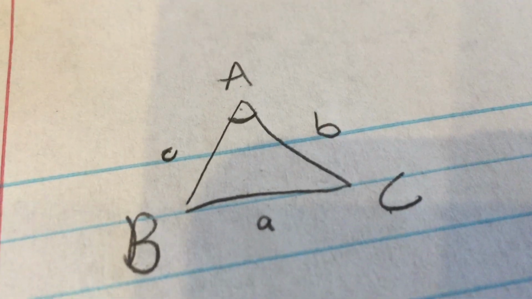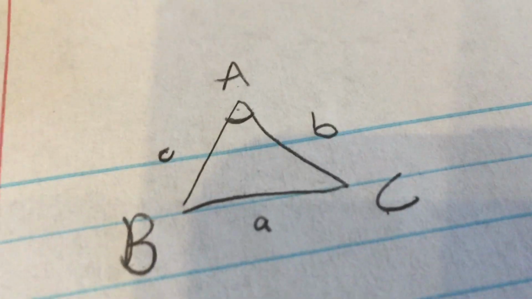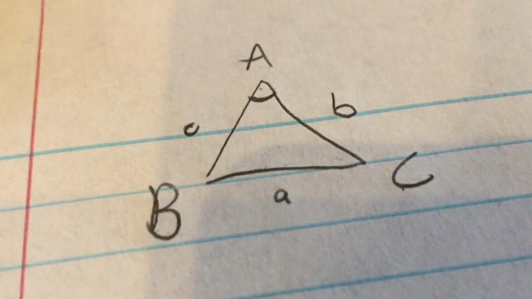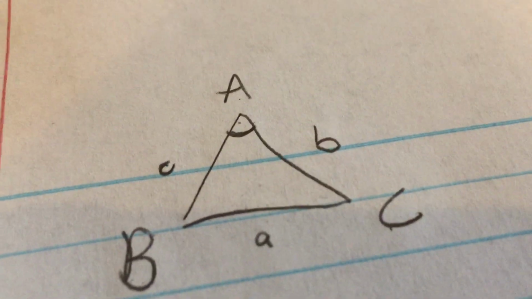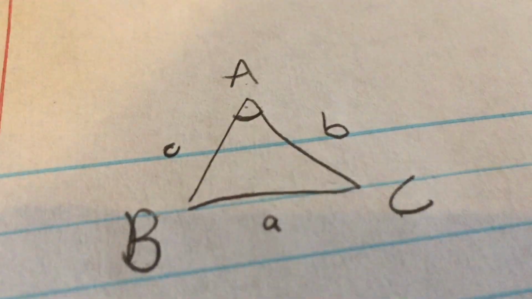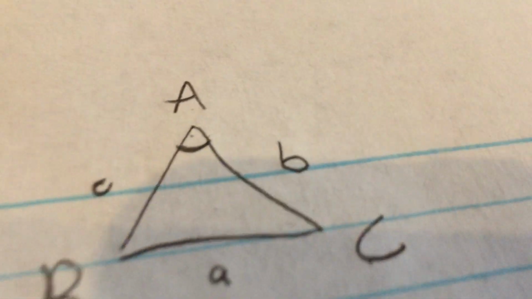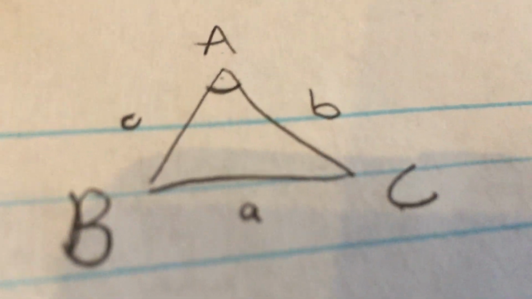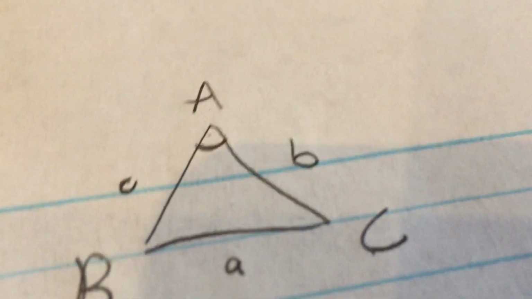Usually with these problems, you would get at least 3 measures, and you know to use the law of sines versus the law of cosines, which we will learn after this.